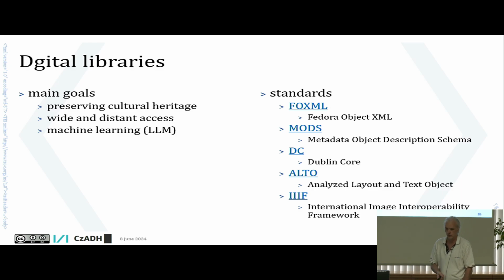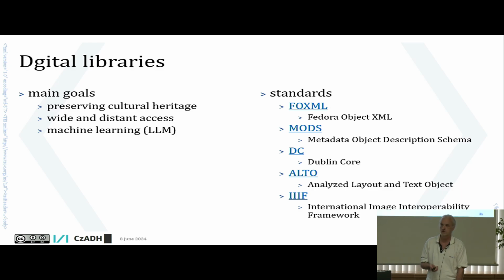So I think we'll agree that digital libraries are very useful for readers and users, because they not only preserve cultural heritage, but a digital copy is easy to distribute, so more users can get access to digital books.